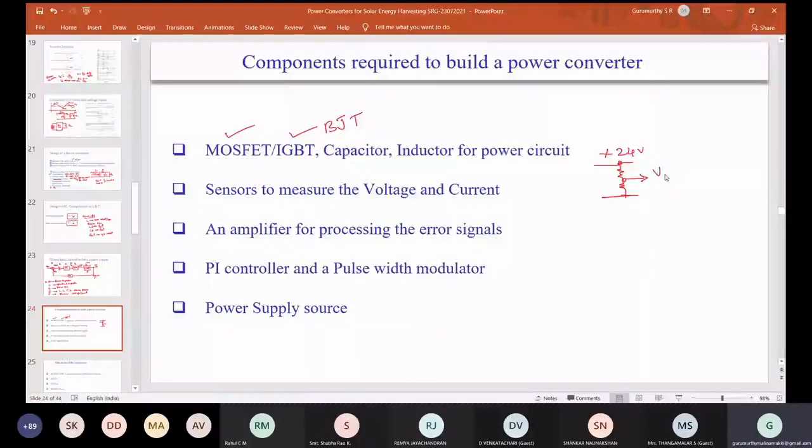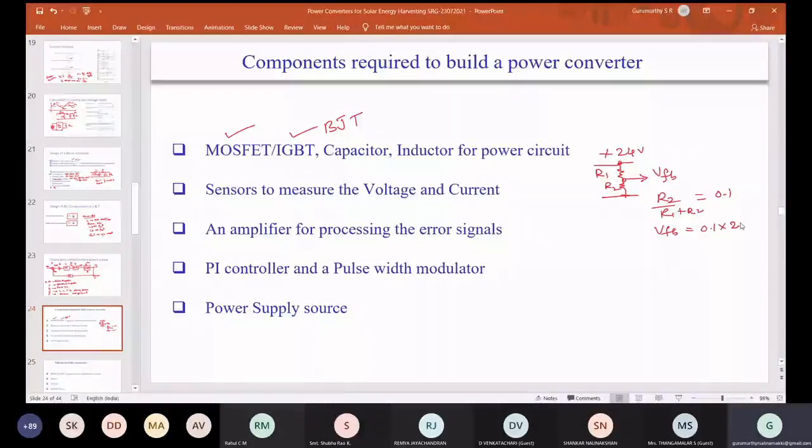So you have R1 and R2. You select R2 divided by R1 plus R2 equal to 0.1. Then your V feedback is equal to 0.1 into 24 volt. That means you will get 2.4 volts. So this is the sensors we are talking about.